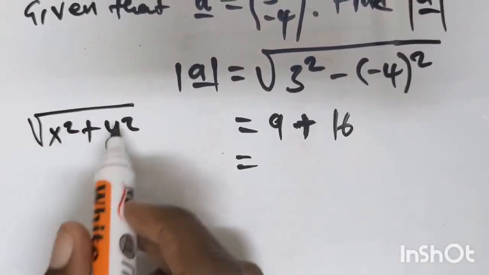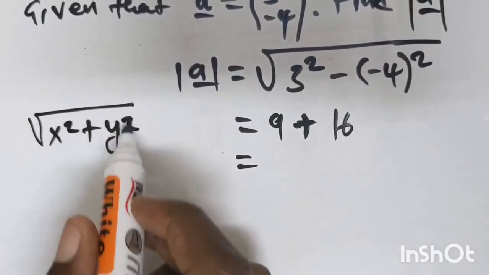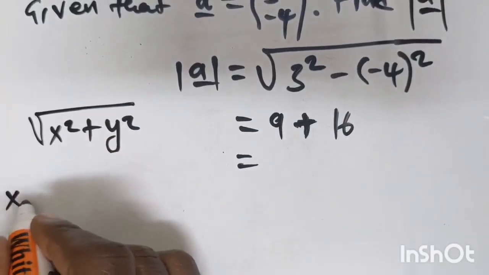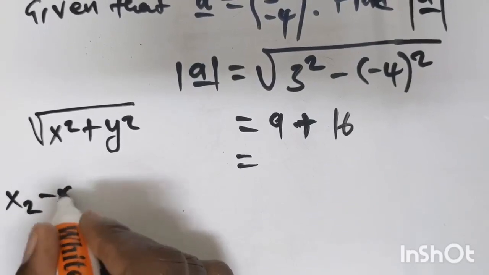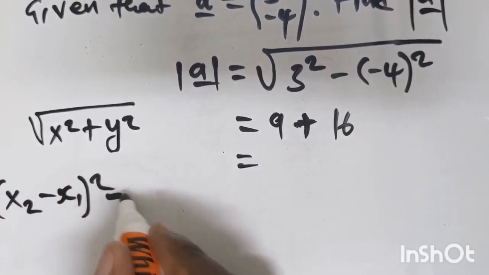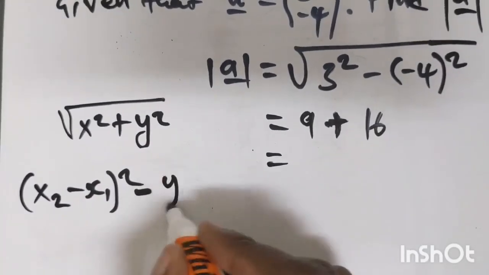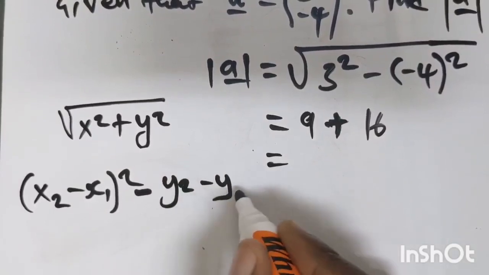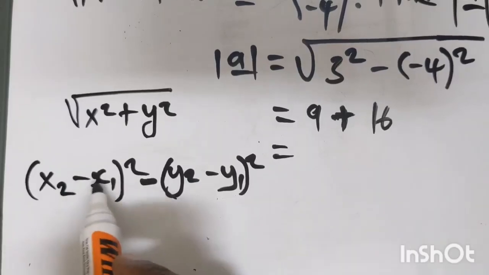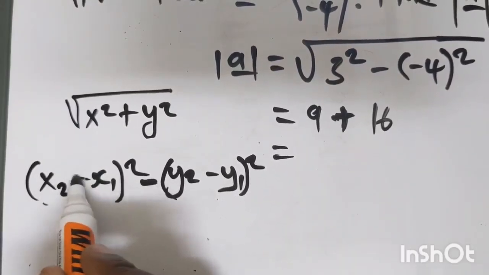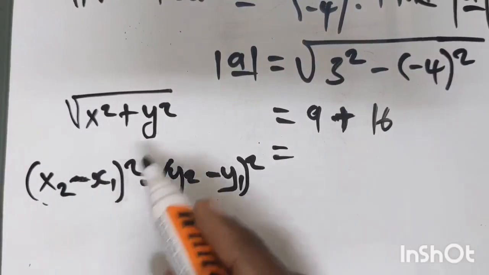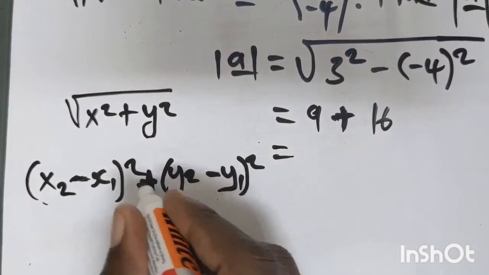When you're given 2 points, it's like this: x2 minus x1, then you square, so that's why you put minus here, plus y2 minus y1, then squared. Only here do you put a minus. But here, you put positive.